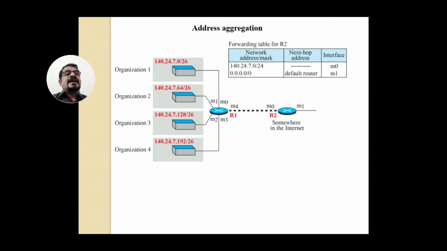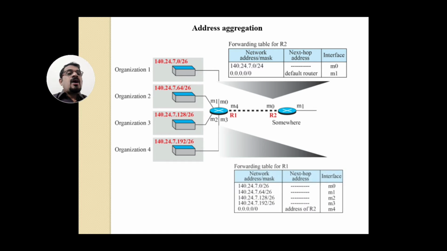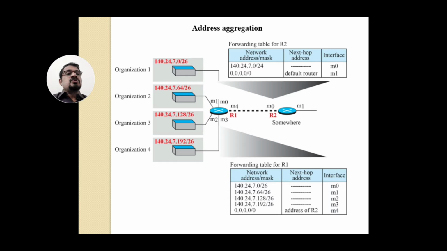Now address aggregation. In this diagram there are two routers, R1 and R2. R1 maintains the routing table, which contains the addresses of organization 1, organization 2, 3 and 4, with the interface also given for all such addresses. In the next column it mentions the next hop address.